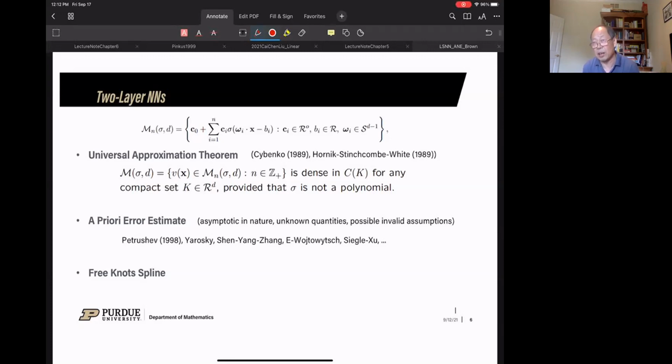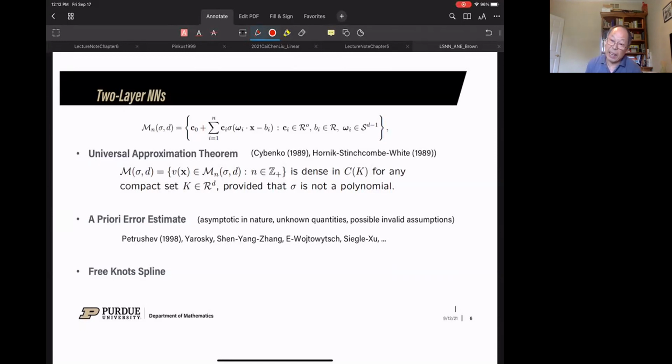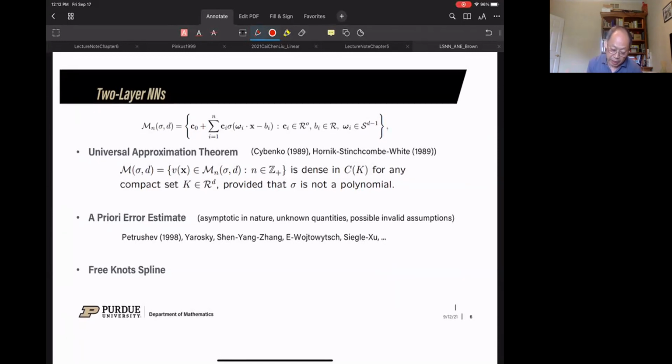Compared to other classes of approximation functions, the universal approximation theorem is basically a density theorem: this class of functions is rich enough to approximate the function you want. From the approximation point of view, this is basically a minimum requirement. Here, instead of a multi-layer neural net, I write a two-layer one, because we're trying to gain some understanding.